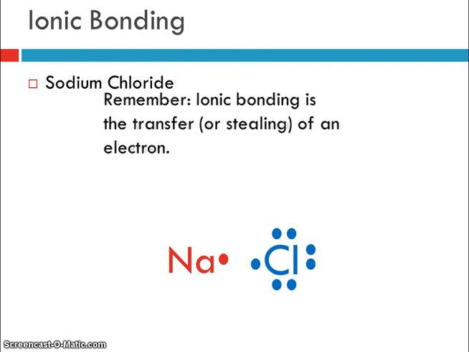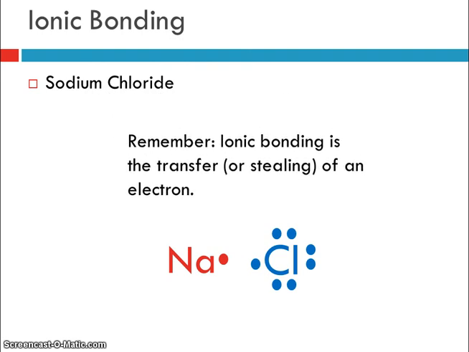Good. Now, ionic bonding is the transfer or stealing of an electron. Chlorine, which has 7 valence electrons, wants how many more? 1. And sodium has that 1 little electron to give.